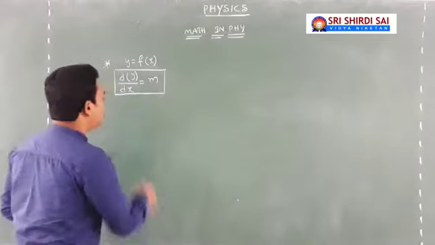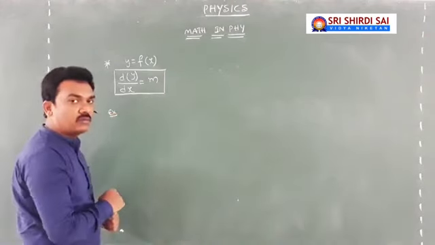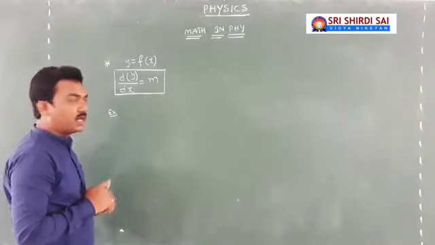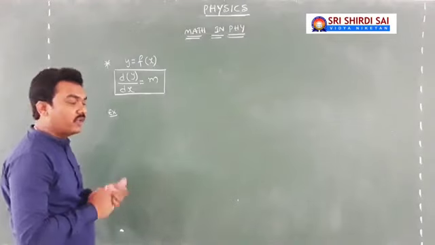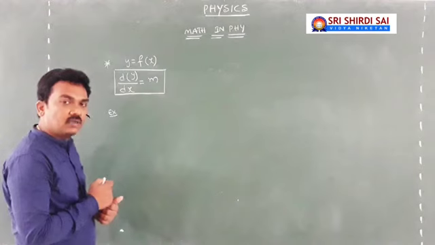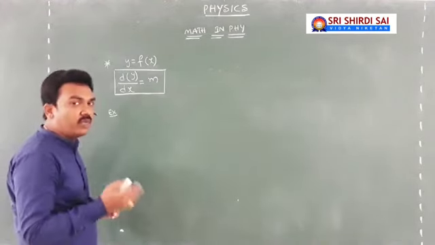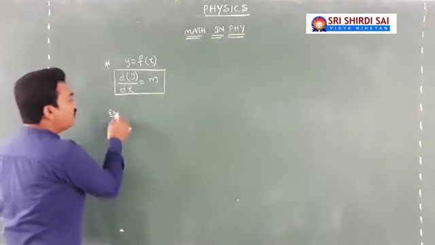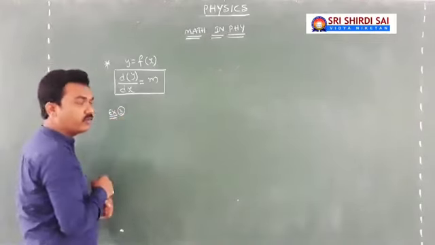I gave two examples in the earlier class regarding the slope of the graph using the differentiation concept, and in the previous class we dealt with the concept of maximum and minimum. So here let us take one more example. If you are continuing, this will be the third example.